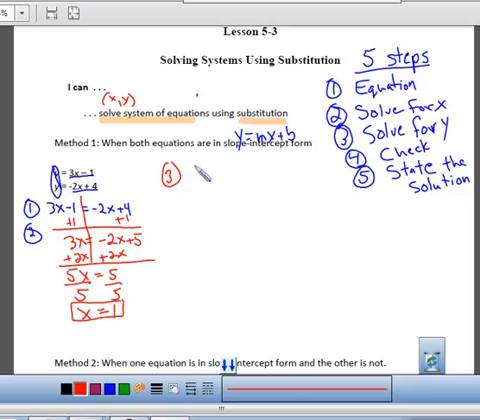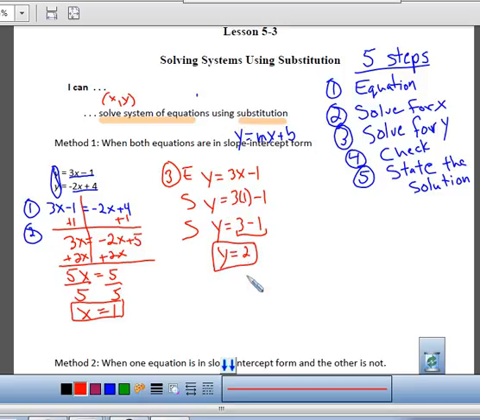I'll go with the first one, y equals 3x minus 1, and substitute x equals 1 into the equation. 3 times 1 is 3, so I get 3 minus 1. 3 minus 1 is 2, so y equals 2.